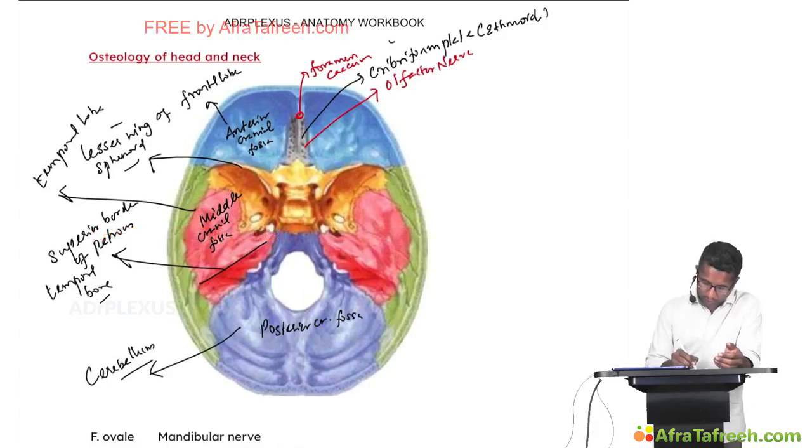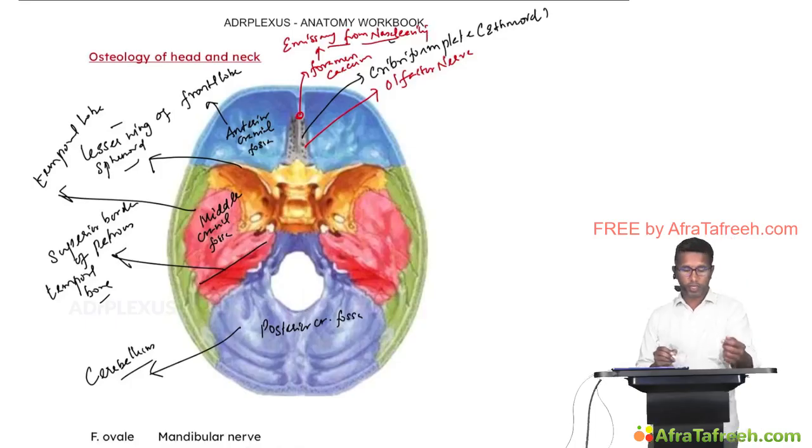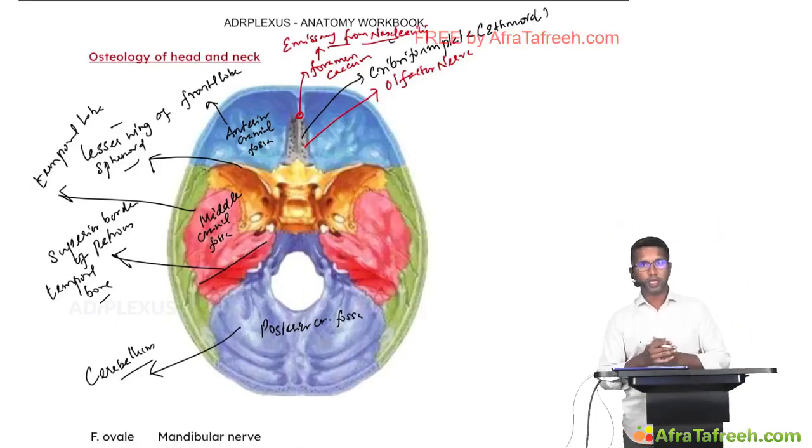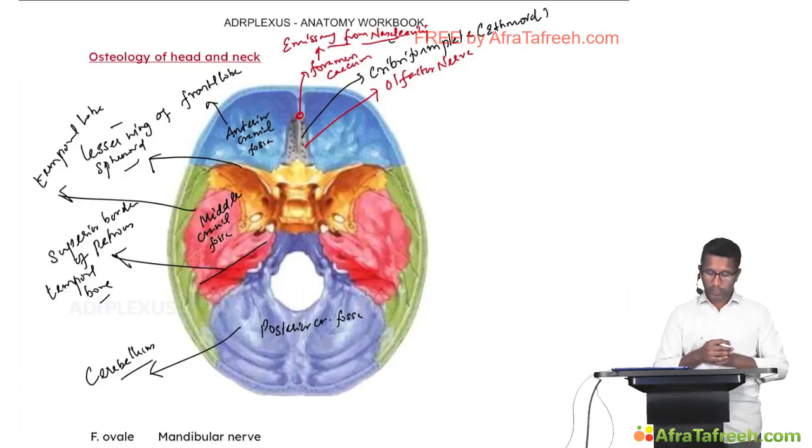The structure passing through the foramen cecum is an emissary vein from the nasal cavity, which can open into the superior sagittal sinus.